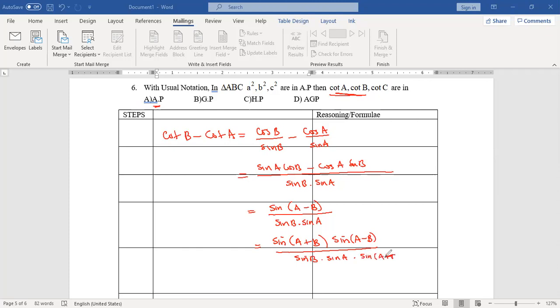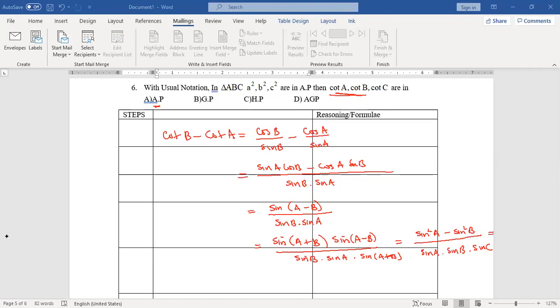So much is clear. So the numerator became sine square A minus sine square B, divided by, now everything can be written as sine A, sine B, and sine of A plus B is sine of 180 minus C, so it becomes sine C. Have you followed these many steps? Yes.